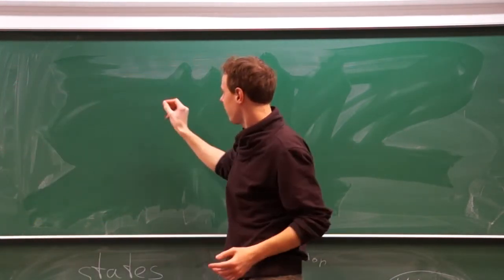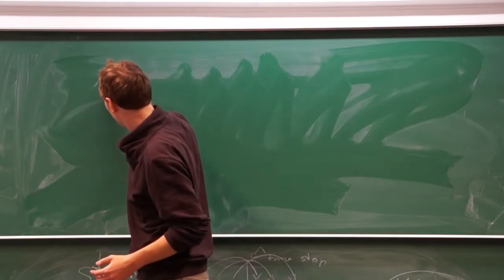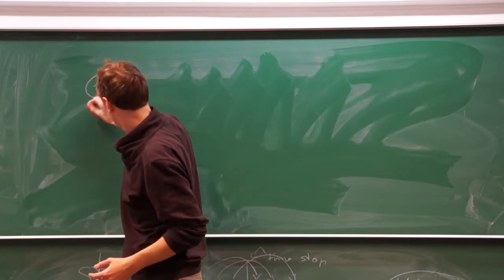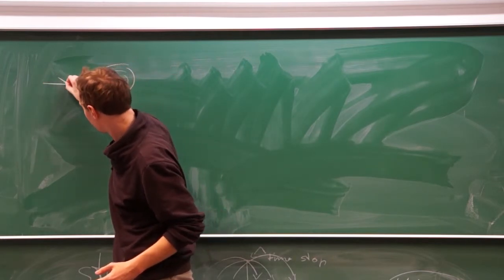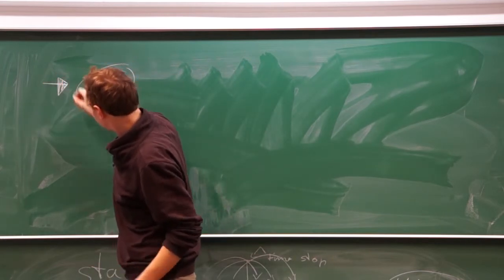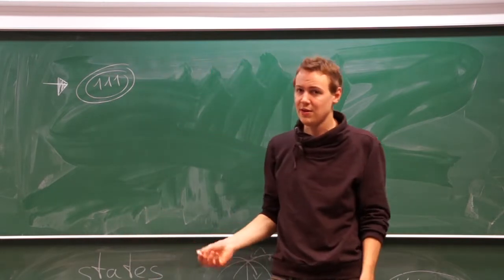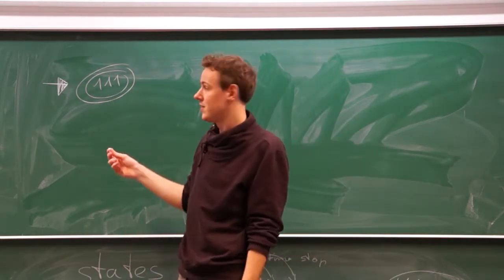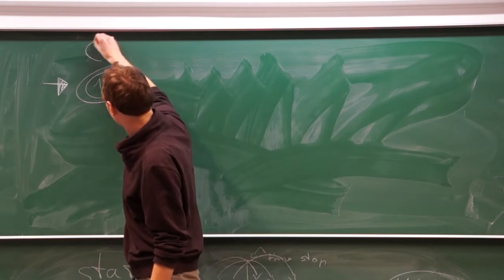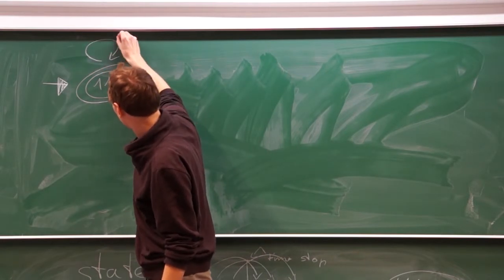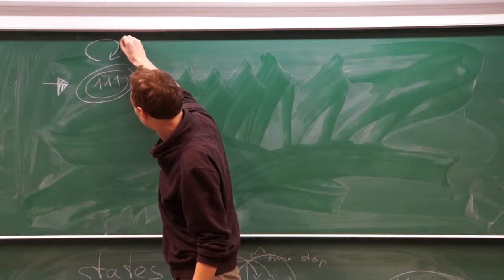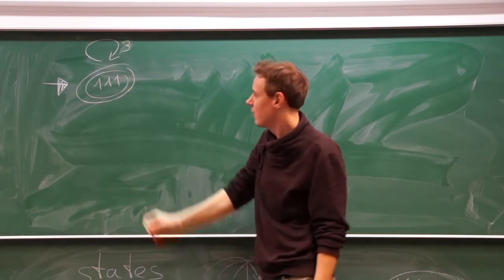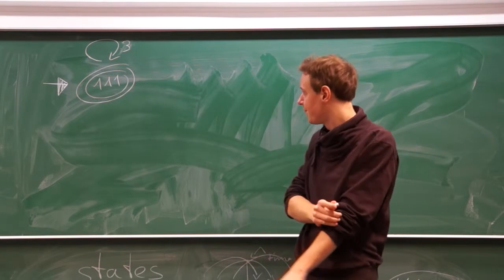So let's start with this state. It's 1, 1, 1. 1, 1, 1. And I call this state the ground state, because this is my basic state where I start and where I want to end every time. And I can be in this state if I'm just doing my 3 all the time.